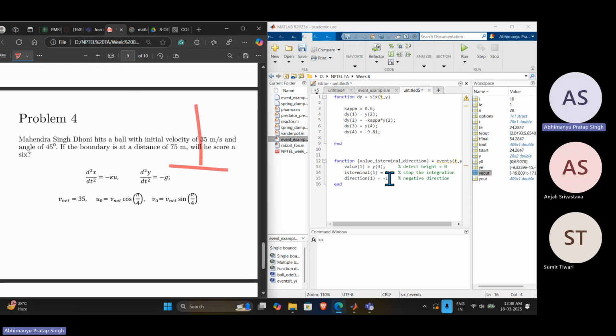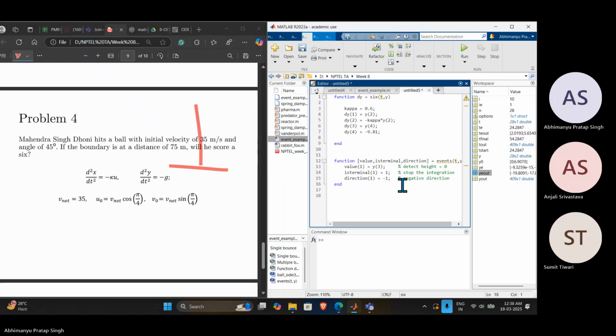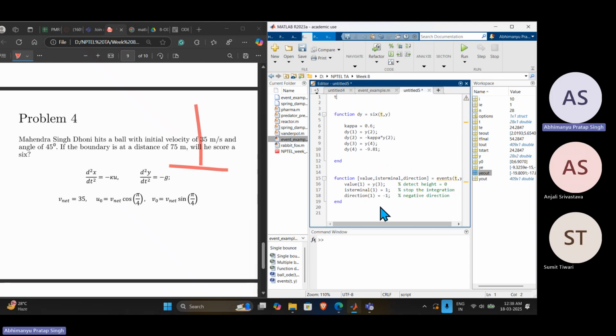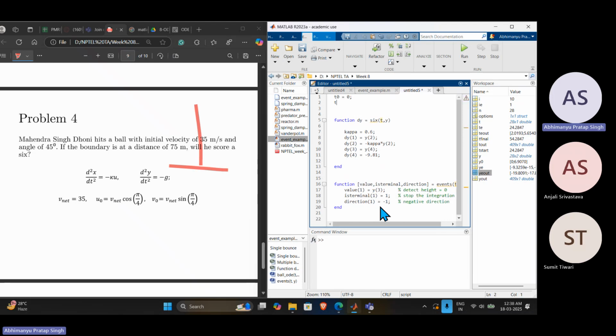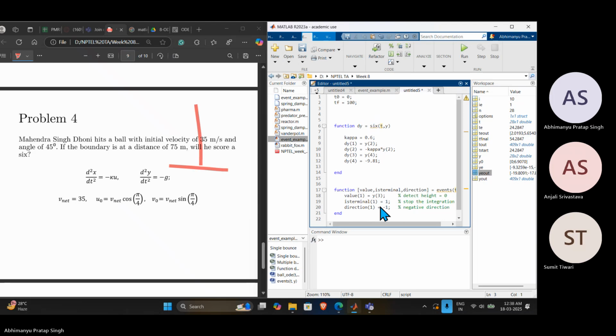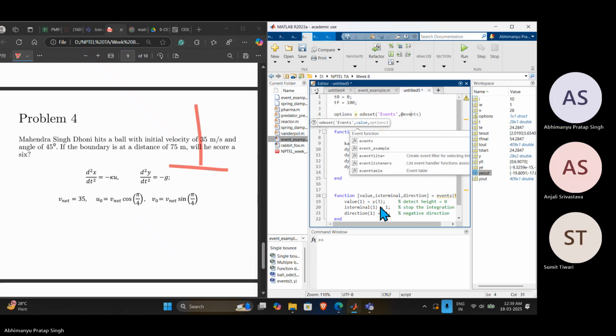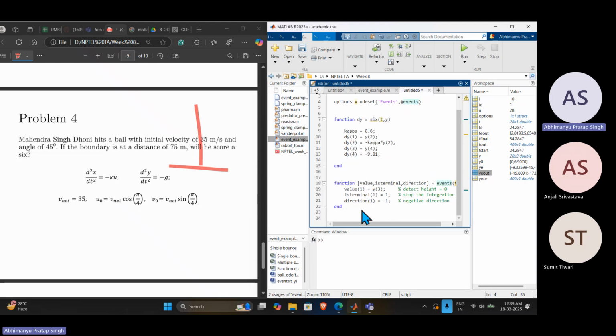I will make this direction -1 and terminal 1. So my t0 would be 0 seconds, and tf I will take some long time, 100 seconds. Then options will be set, events only.